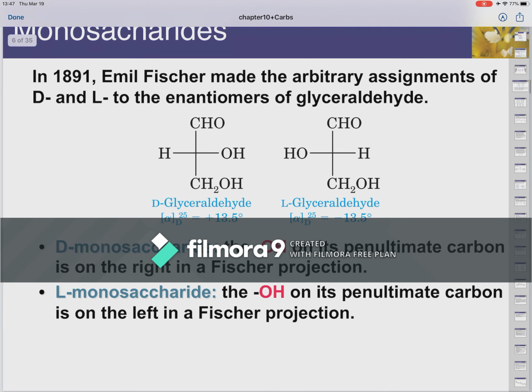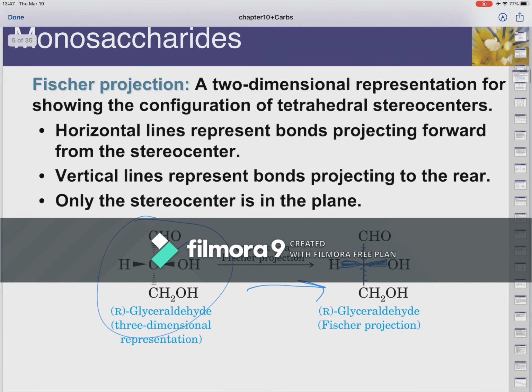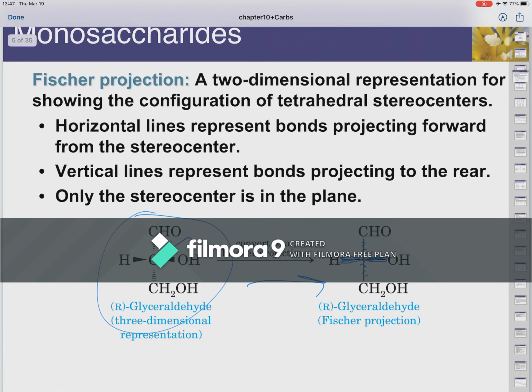We're establishing that this is the projection that we look at to decide if it's L or D. We always have the most oxidized carbon at the top, and then we look for the chiral carbons. This carbon right here is chiral. With the OH on the right-hand side, this would be the D isomer of this particular sugar.